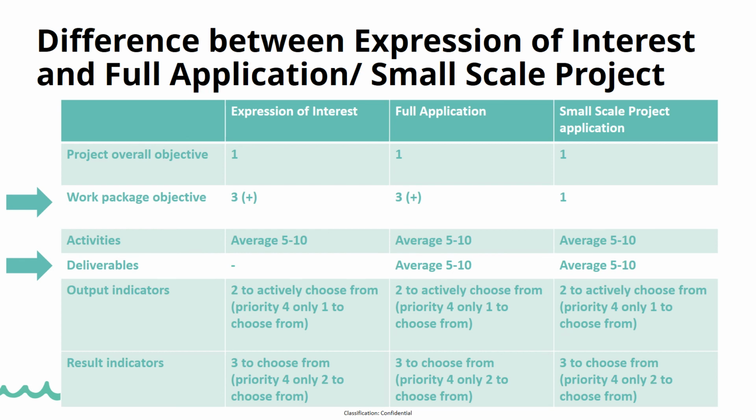Expressions of interest and full applications have on average 3+ work package objectives, relating to the number of work packages. In small-scale applications, on the other hand, we only have 1 work package objective, as a small-scale project only consists of 1 work package.